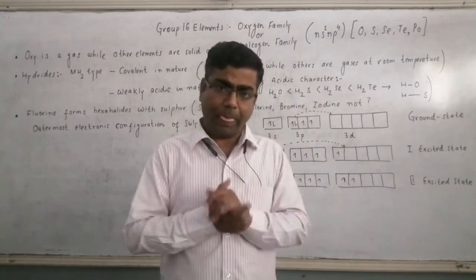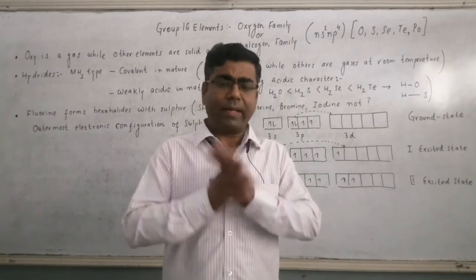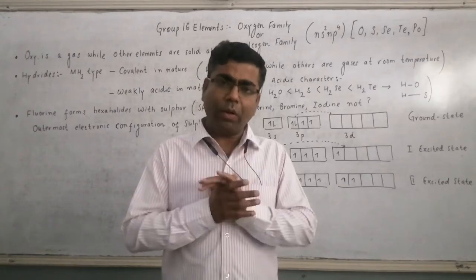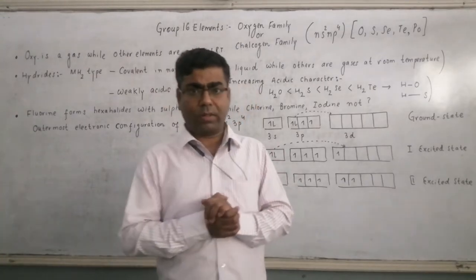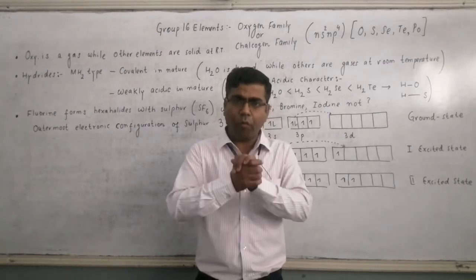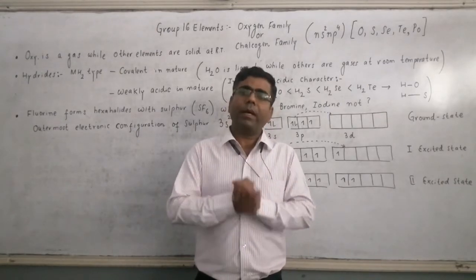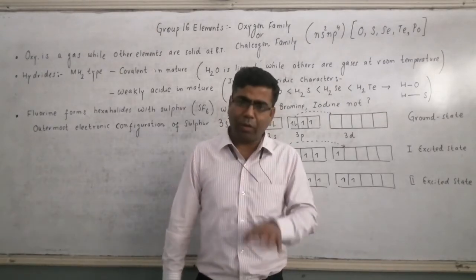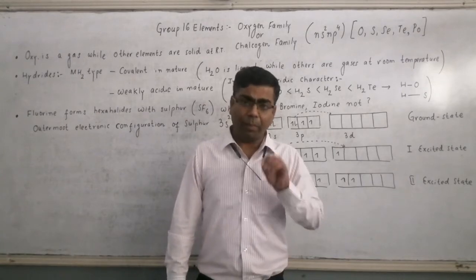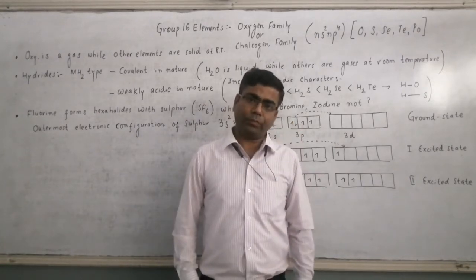What can be the reason? Reason is very simple. Sulfur has 6 valence electrons, and if sulfur wants to form hexahalides, then sulfur must have 6 unpaired electrons.